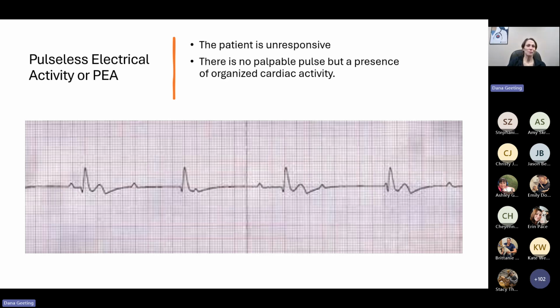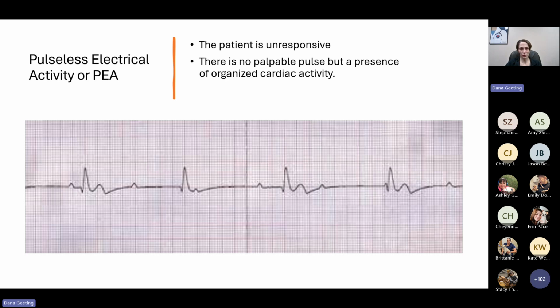That was weird. So in PEA, your patient is already dead, but you still have an electrical impulse running through their body. So you're still going to see some sort of complexes on your ECG.